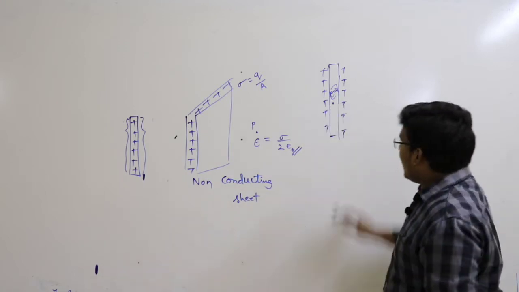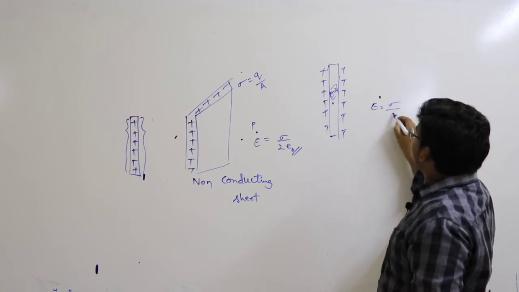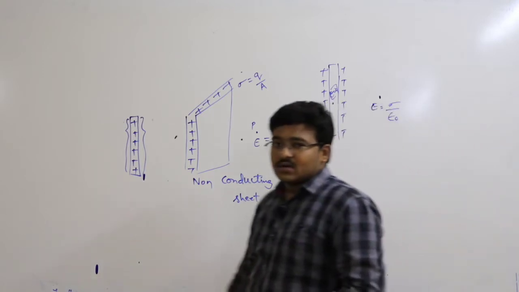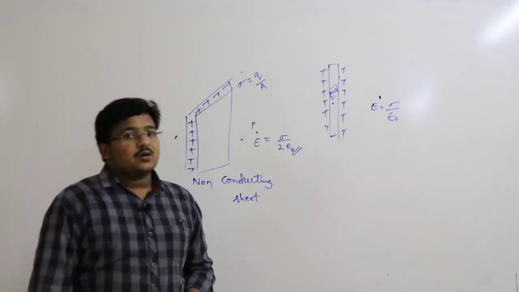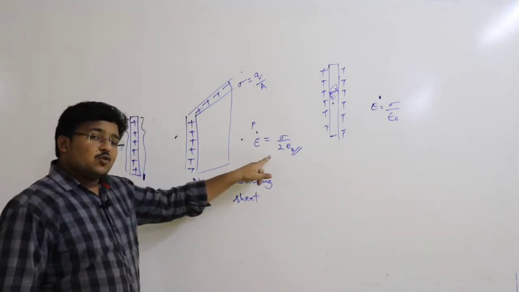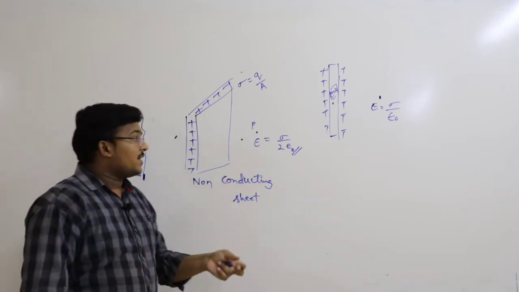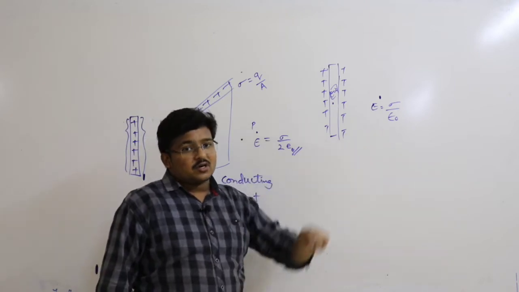Okay? And at an outside point, the electric field will be just sigma by epsilon naught. So what is the difference here? Here it is sigma by 2 epsilon naught. Now one more sigma by 2 epsilon naught is added, so that we get sigma by epsilon naught.